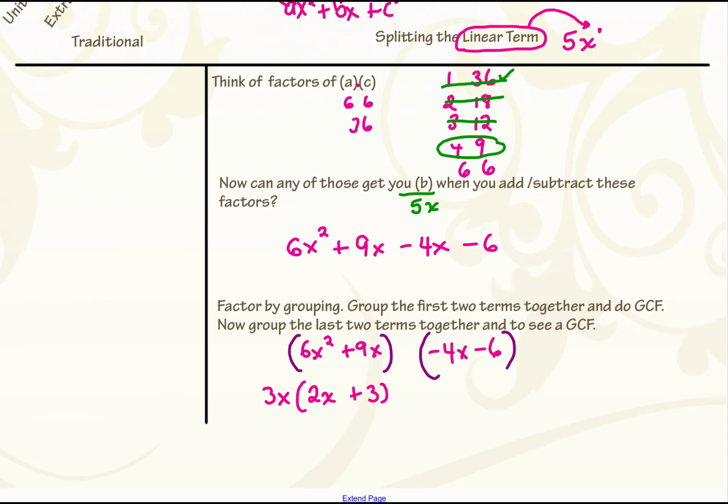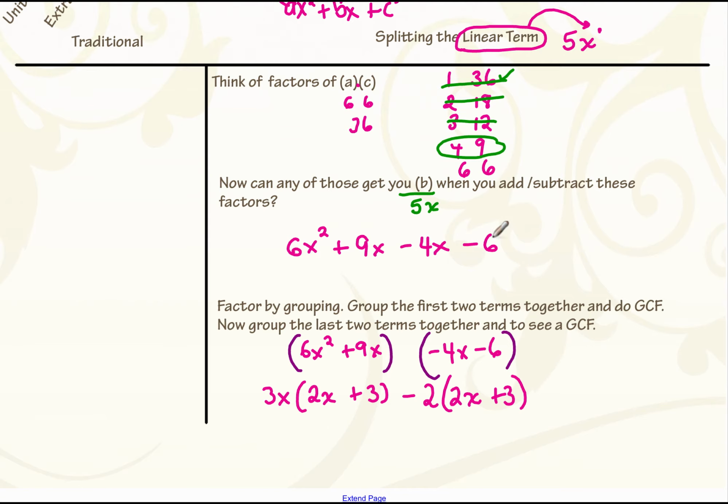So when I go to factor, I'm going to factor out a negative 2. So that way I'm left with 2x plus 3. Negative 2 times 2x is negative 4x. Negative 2 times positive 3 is negative 6.